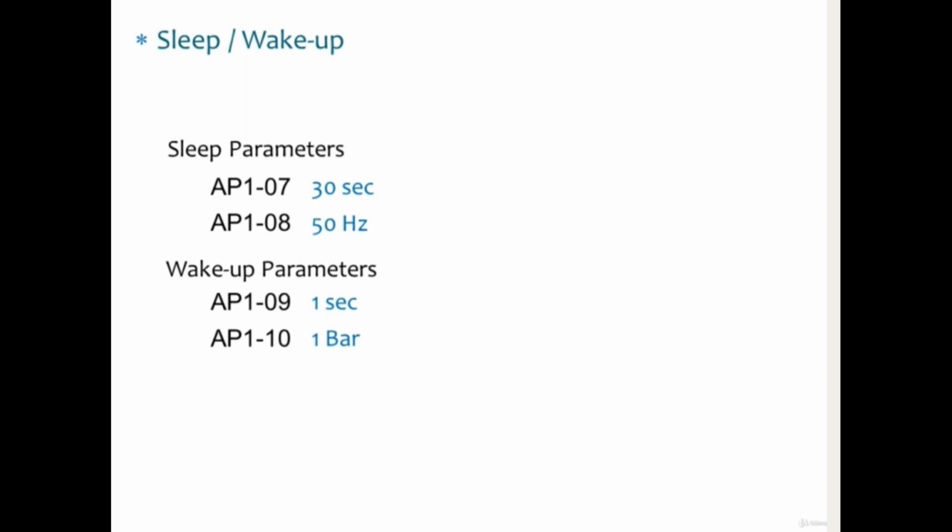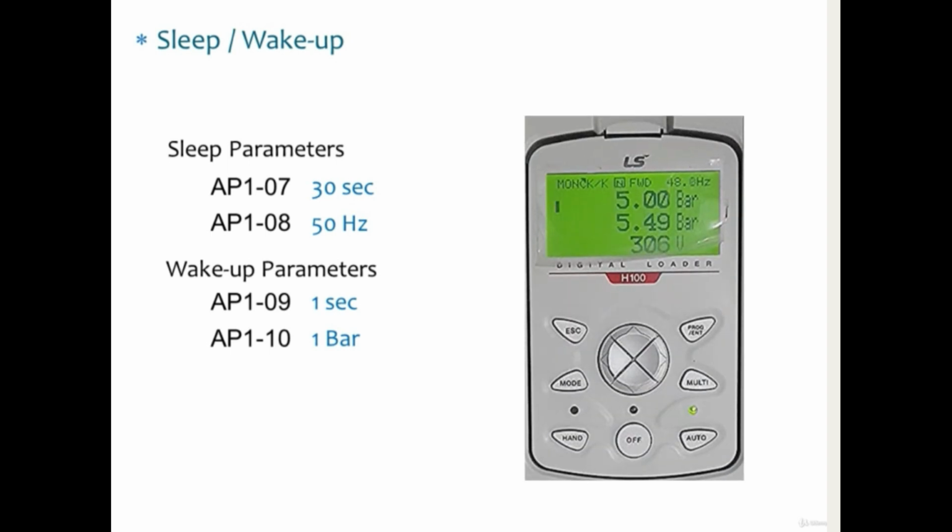And when the pressure drops to a certain level, for example 1 bar from the target, then let the pump start working. This is known as wake up function. In the demo, I will show the sleep and wake up function. The PID regulates the speed, and once it is below 50 Hz, it will wait for 30 seconds.